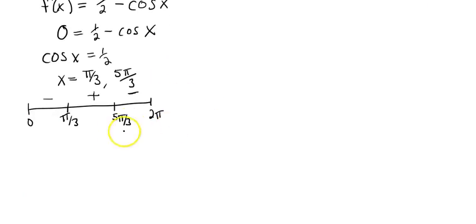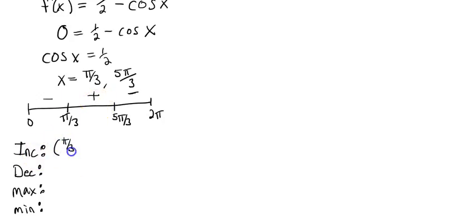Now I'm going to list what that tells me. And our first derivative always tells us about where the function is increasing, decreasing, has maxes, or has mins. So if you want to, pause and see if you can write all that down correctly. If not, just follow along. Increasing means the derivative was positive, so that would be between pi over 3 and 5 pi over 3.